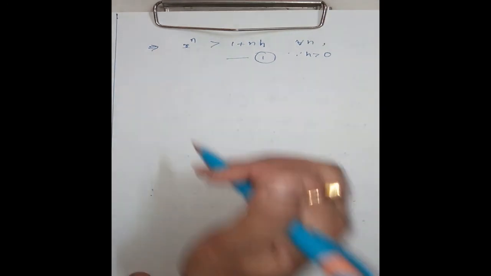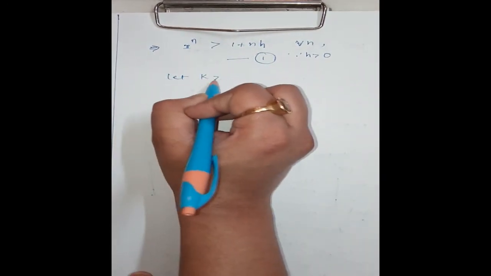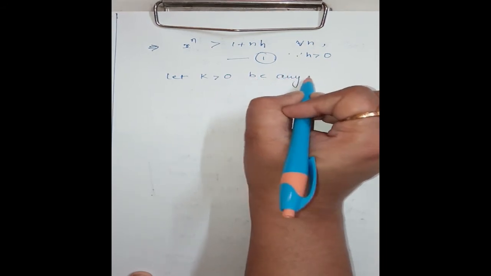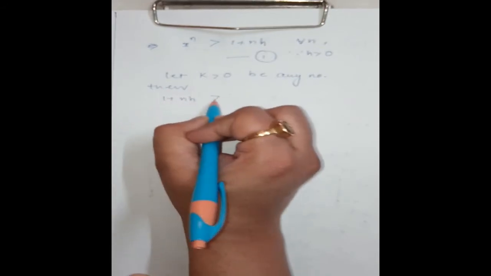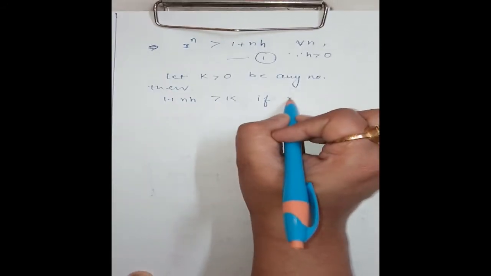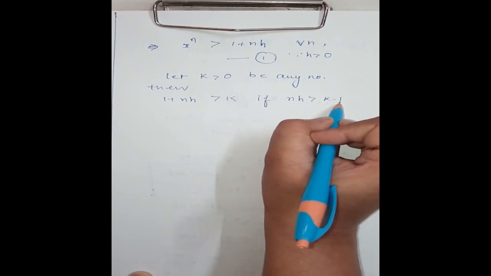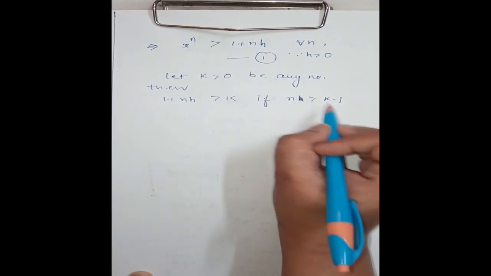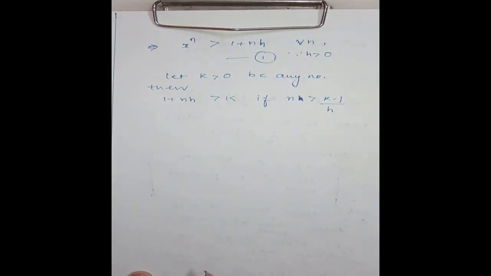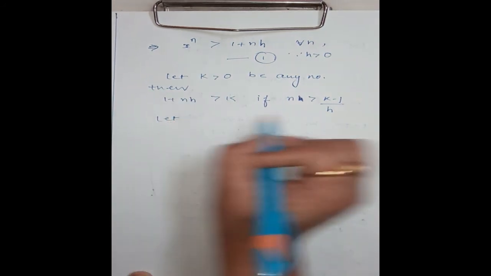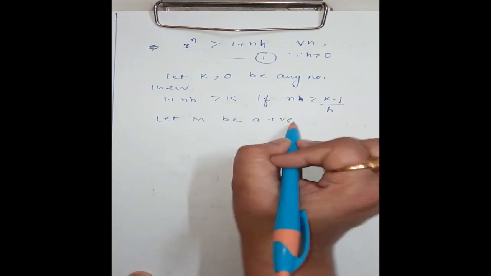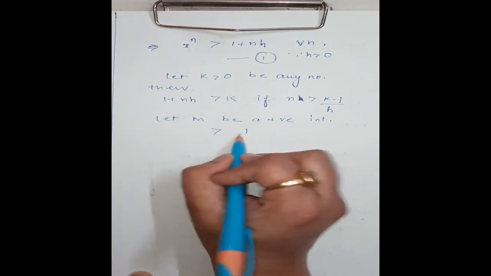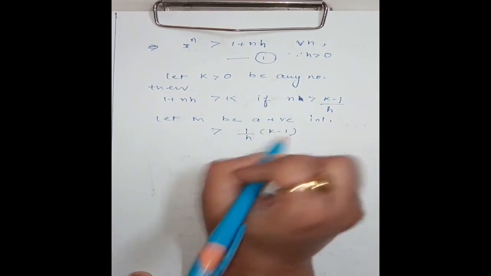Okay, now let k greater than 0 be any number, then 1 plus nh is greater than k if nh is greater than k minus 1, or I can shift this h to the right hand side, that is if n is greater than (k minus 1) divided by h. Let m be a positive integer greater than (1 by h) into (k minus 1).